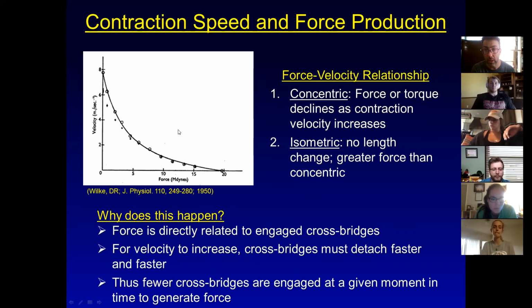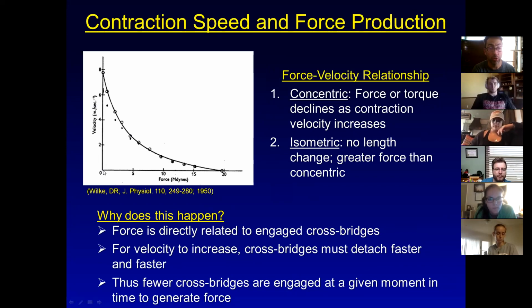The general take-home, okay, on the relationship between force production and contraction velocity is the faster your contractions occur, the lower the force, okay? And so what you can see here is, here we have velocity on the y-axis and force on the x. So at very high velocities, we have very low forces.